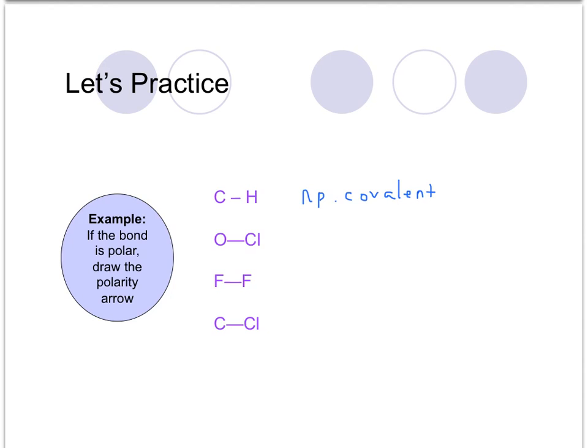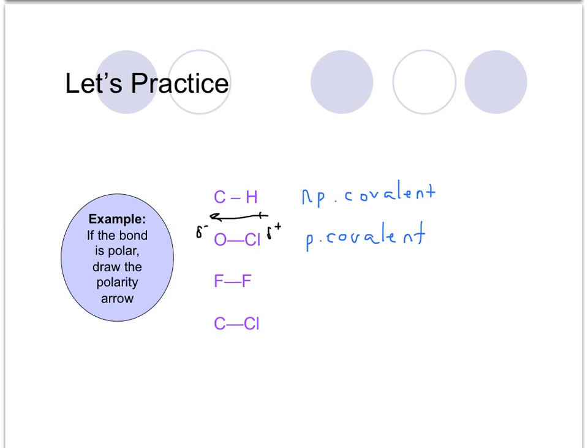We will say that both the carbon and the hydrogen are equally pulling on the electrons. However, O-Cl is a polar covalent bond, so we must decide who is more electronegative. Since oxygen is more electronegative, we will draw the dipole towards the oxygen. Remember that that means that the oxygen is partially negative and the chlorine is partially positive.